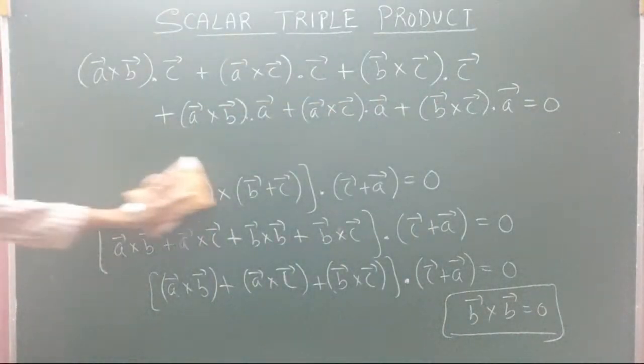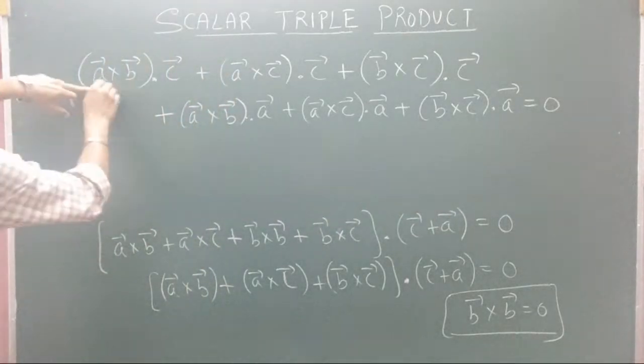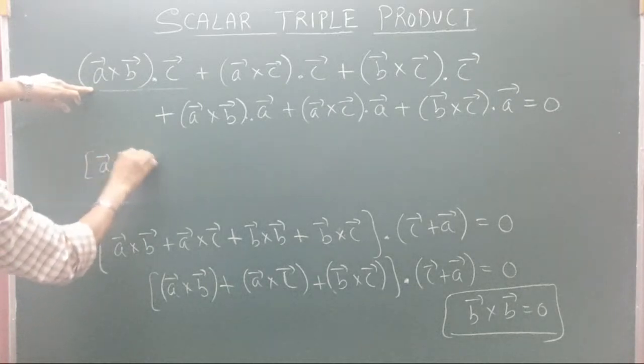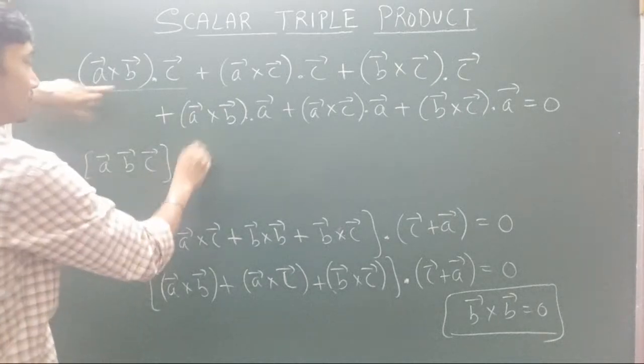Are you done with this? Alright, let's try to arrange, because what is this? This is a scalar triple product. So this can be arranged as [A, B, C], no problem with that. Scalar triple product.